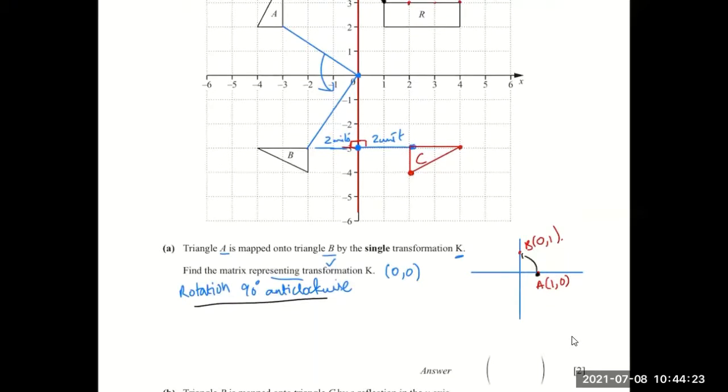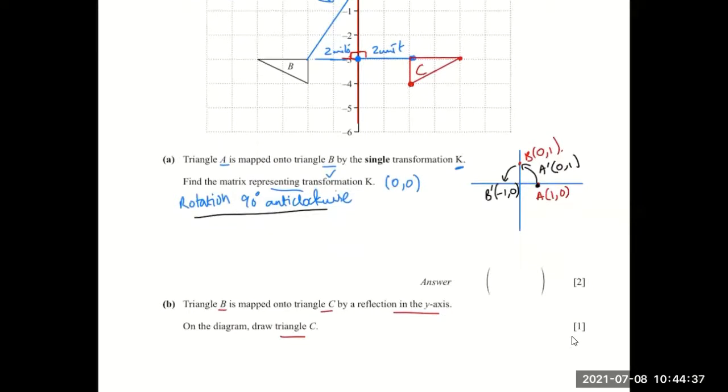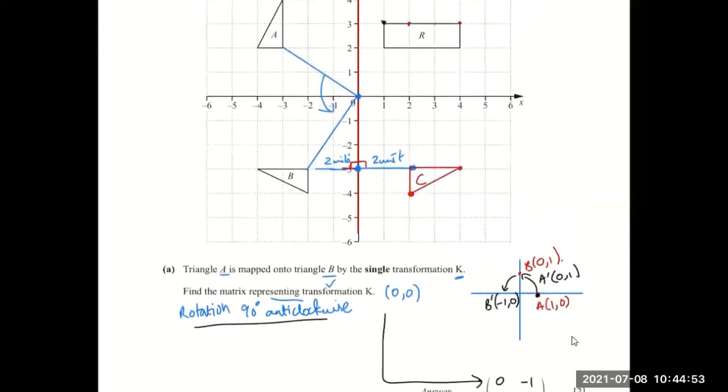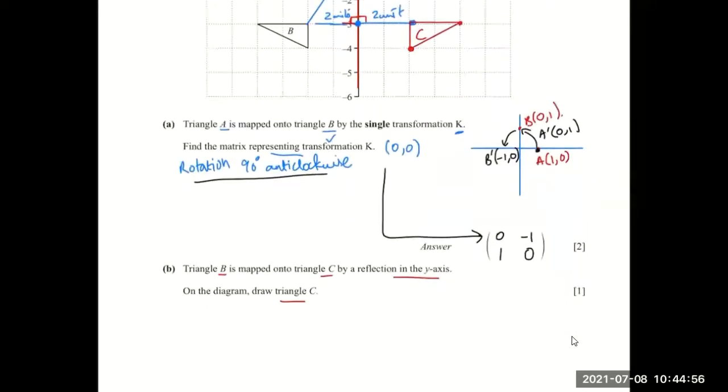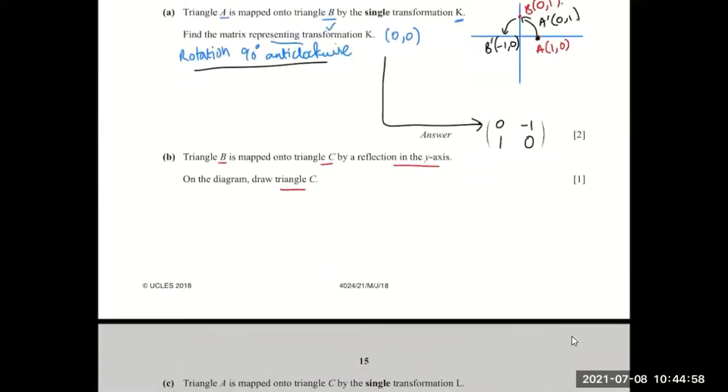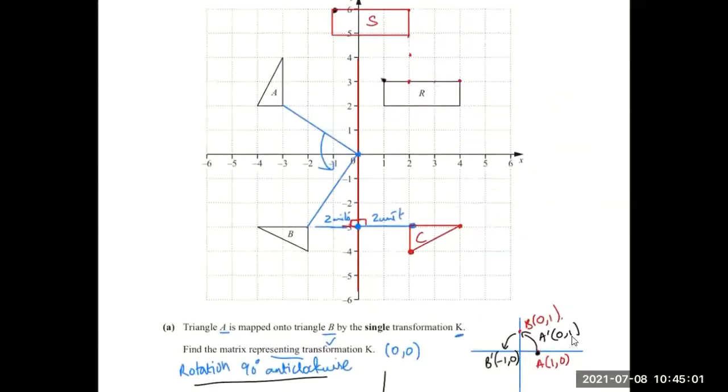So A dash would become (0, 1) and B dash would become (-1, 0). Whenever you're constructing matrices, you need to write down A dash and B dash. That is the matrix that represents the transformation 90 degrees anti-clockwise about the center (0, 0). Remember that whenever I ask you to construct matrices, the center will always be (0, 0).